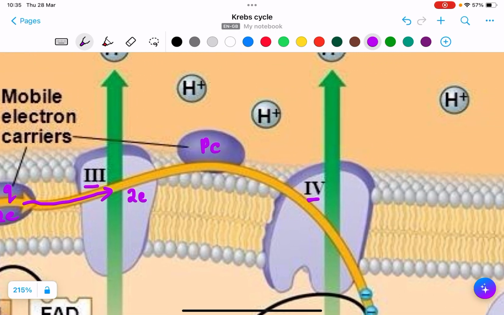Next, from complex 3 to complex 4, the electrons need another mobile electron carrier, which is plastocyanin. Plastocyanin is going to carry the electrons from complex 3 to complex 4.